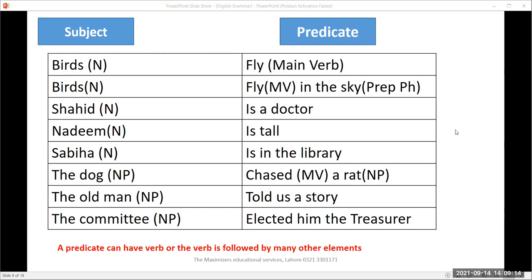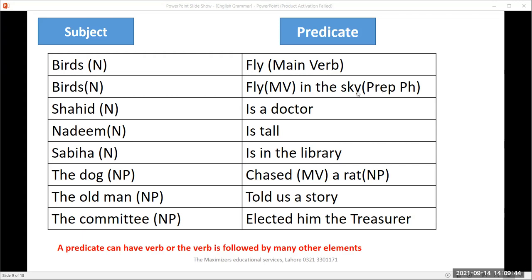Birds, one word, is a noun. Fly is a verb, we can also call it main verb, and in short we can write it MV. Again, birds fly in the sky. So birds here is the subject. Fly in the sky. What is fly? It is the verb. This is the only verb in the predicate, so that's why it is called main verb.